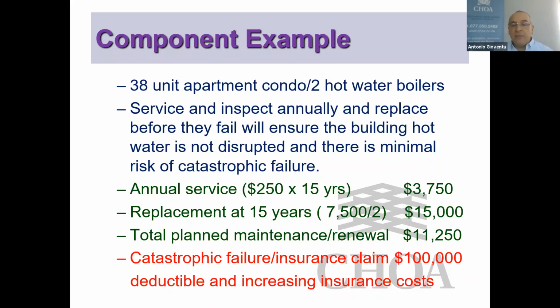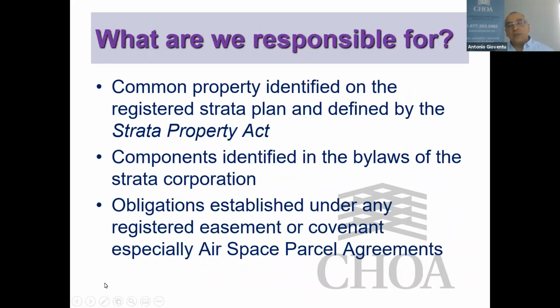So if there's a claim that only comes up to 80 or 90%, the difficulty is that the damages to each of the strata lots would not be covered by the strata's insurance, and owners would then be responsible under their own homeowner policies or their own costs for restoration. So we need to look closely at really what the impact of decision making is.